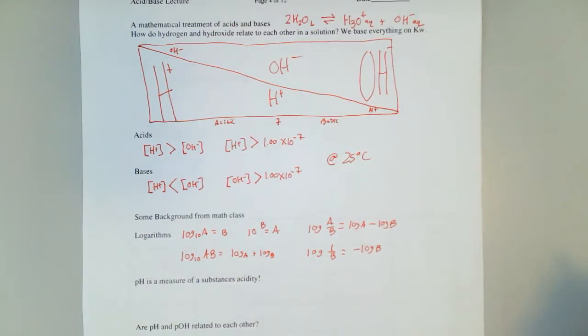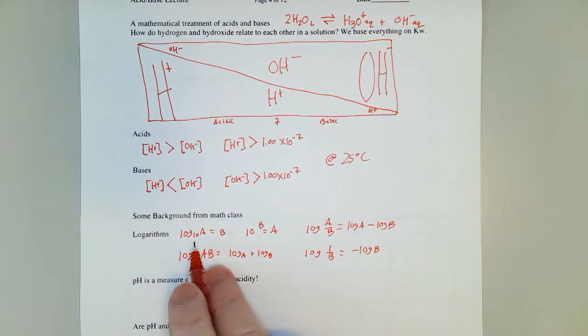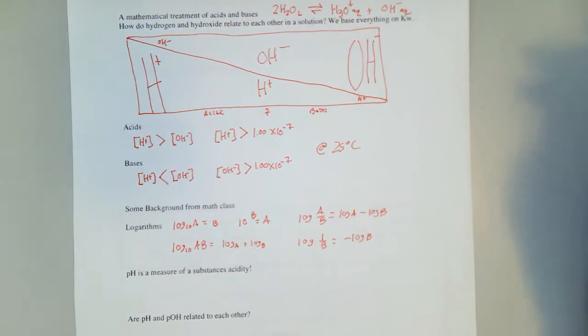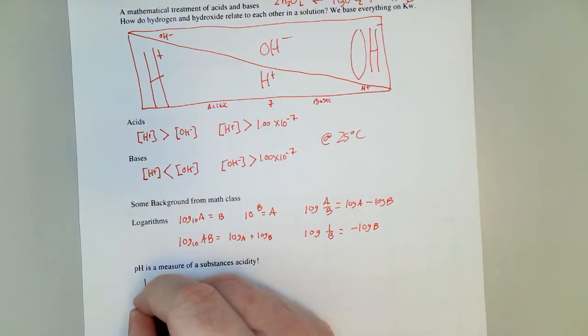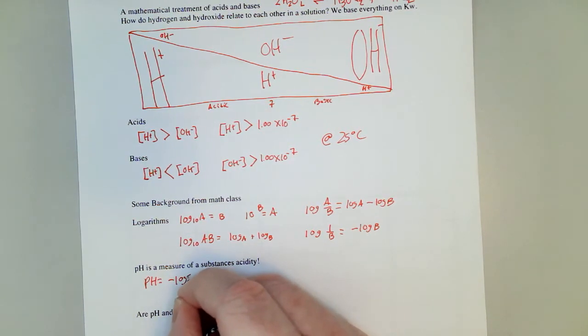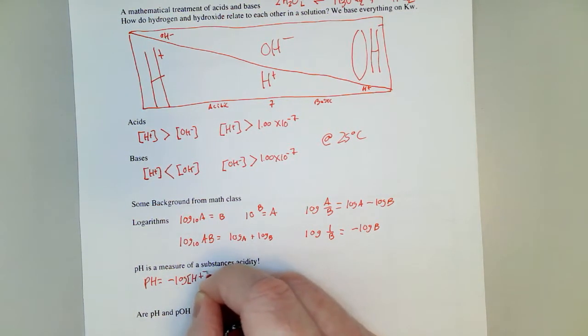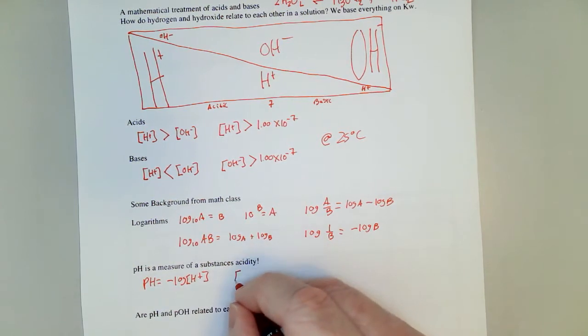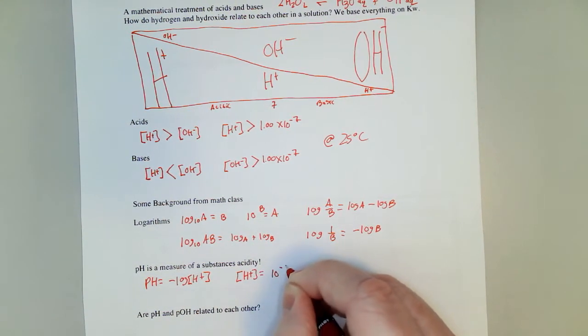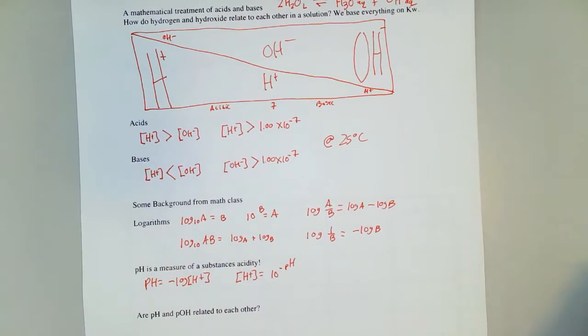Okay? Now, pH is defined using base 10, or what we call, when I was in school, common logarithms. Okay? So pH equals the negative log of the H+ concentration, which would mean that the hydrogen ion concentration is 10 to the negative pH.